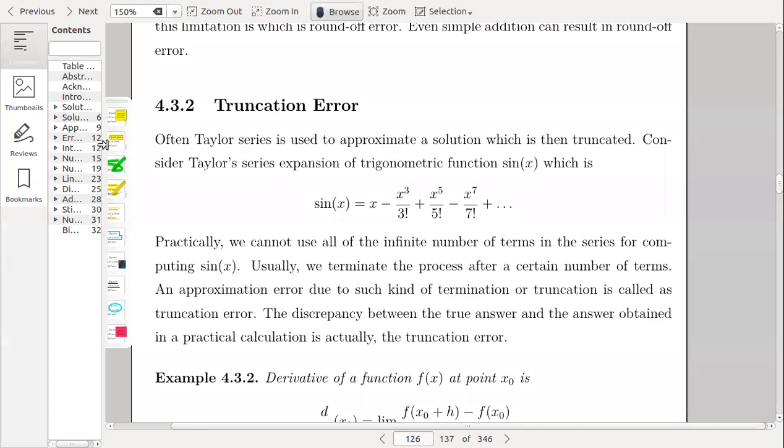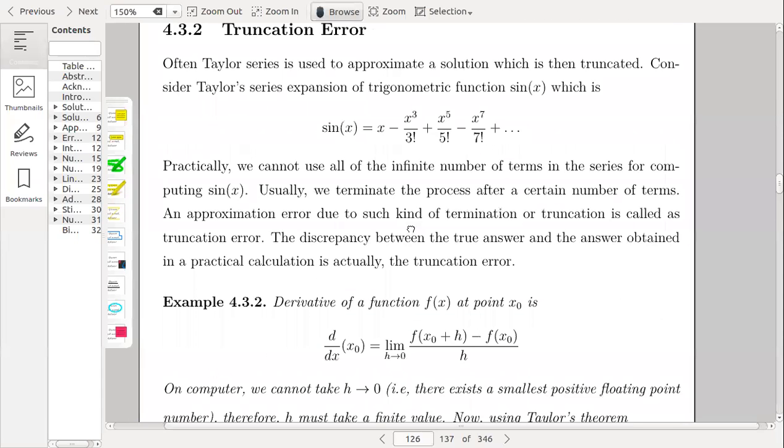So next is the truncation error. Often a Taylor series is used to approximate a solution which is then truncated. Consider the Taylor series expansion of the trigonometric function sine of x, which is sine x equal to x minus x cube over 3 factorial plus x5 over 5 factorial minus x7 over 7 factorial plus and so on.